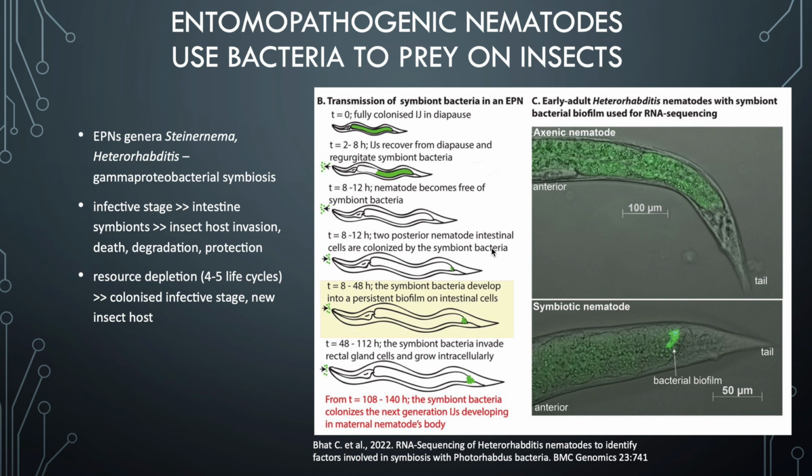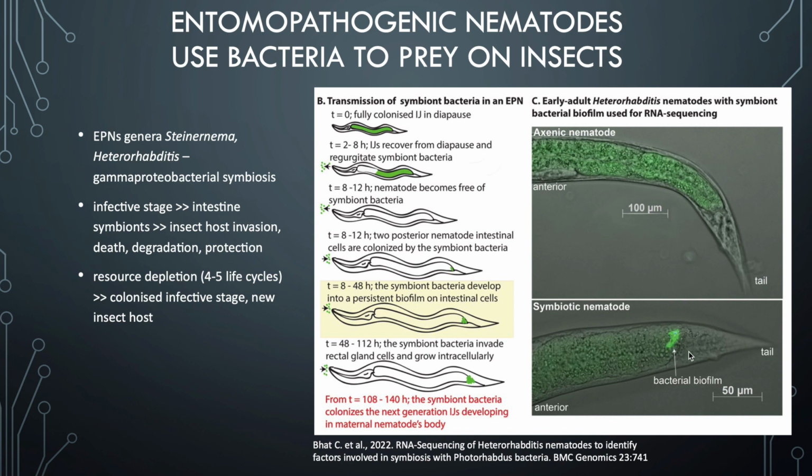When these juveniles that are infected with the bacteria come out of diapause, they regurgitate the symbiotic bacteria and become completely free from this symbiont before reassociating with the symbiotic bacteria later on during their development. The reassociation of these bacteria results in the formation of a persistent bacterial biofilm in the posterior intestinal cells of the nematode. And you can see the green color in the nematode showing the bacteria.